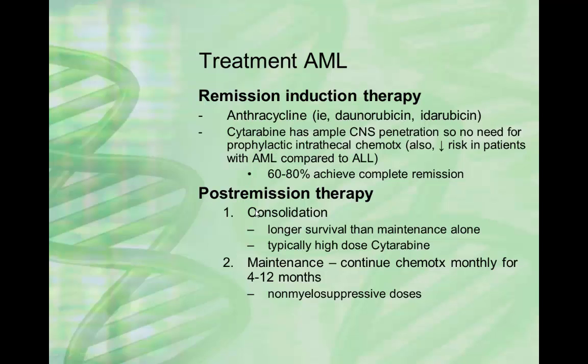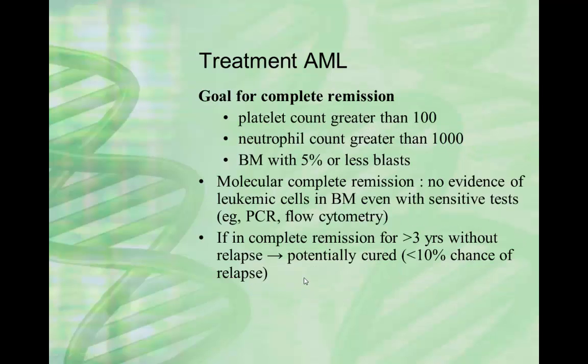You could do post-remission therapy with the same medication at high dose, or maintenance with the same chemotherapy for 4 to 12 months. In addition, your goal for complete remission is platelets greater than 100, neutrophil counts greater than 1,000, and bone marrow with 5% or less blasts.